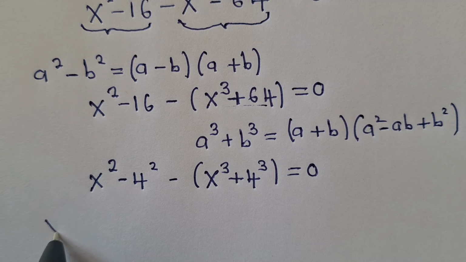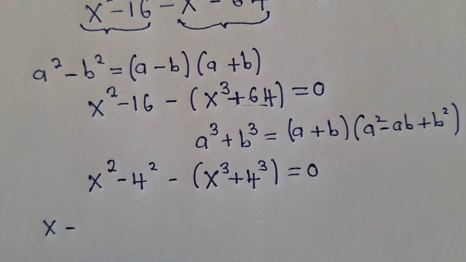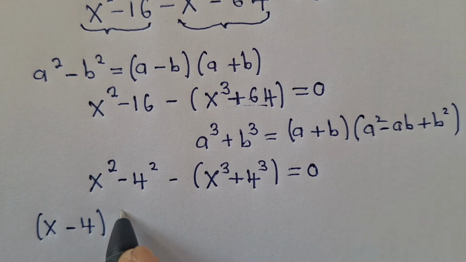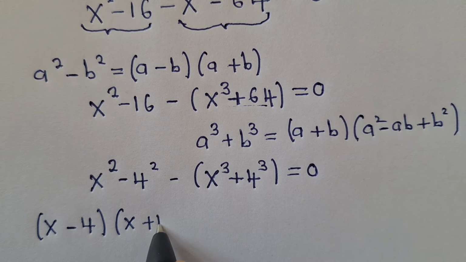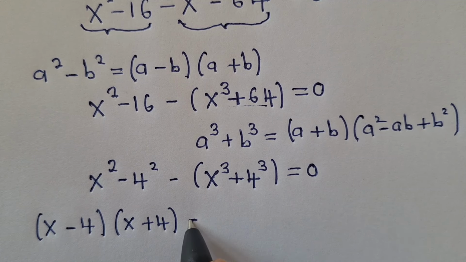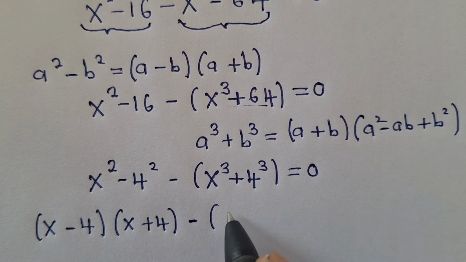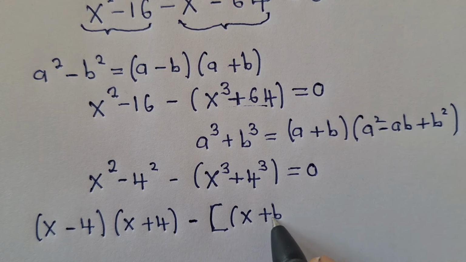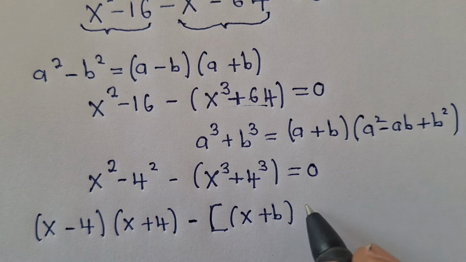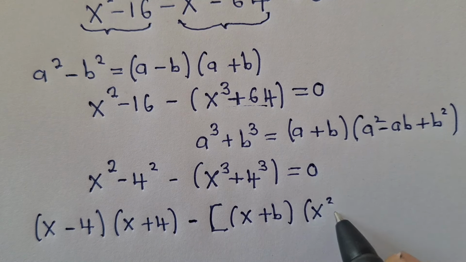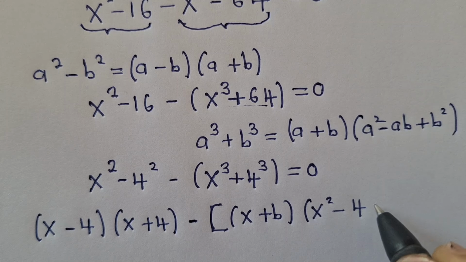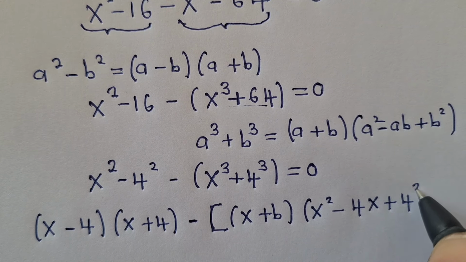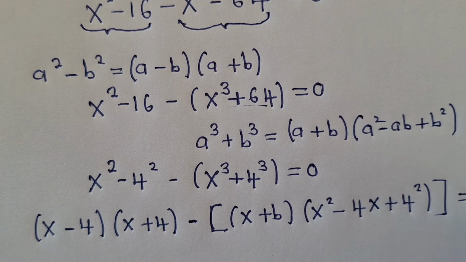We shall have (x - 4)(x + 4) - (x + 4)(x^2 - 4x + 4^2) = 0.